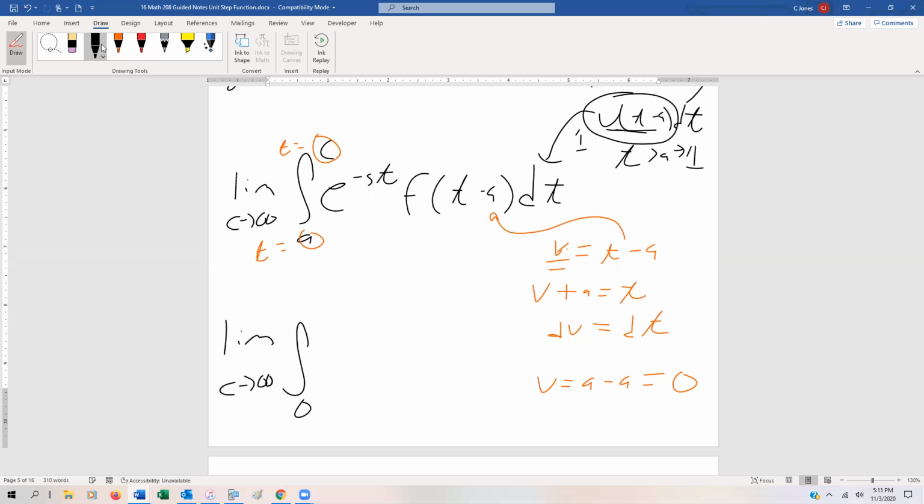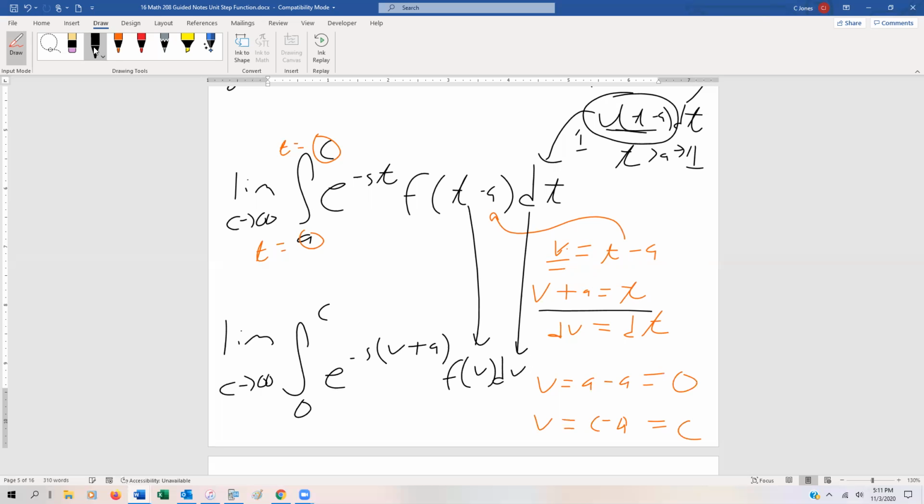The other good news is that if v is equal to c minus a, and remember c is approaching infinity, well, that's still going to be infinity, because infinity minus any value is still infinity. So the upper bound is going to be c. And now we can rewrite this as e to the minus s times, we're going to substitute for t, so remember t is going to be v plus a, and we're going to have f(v) dv, since t minus a is v and dt is dv.